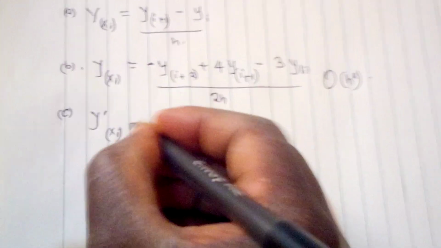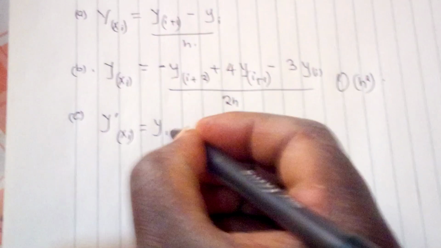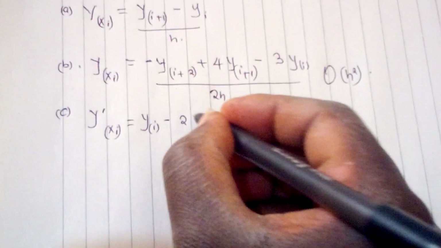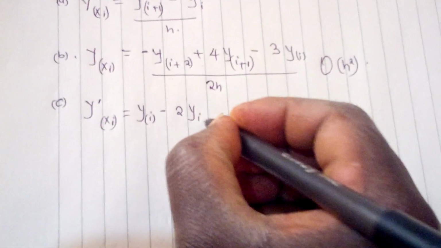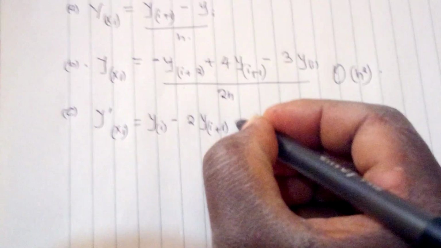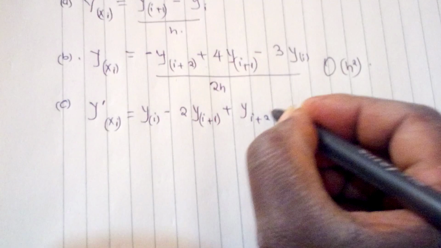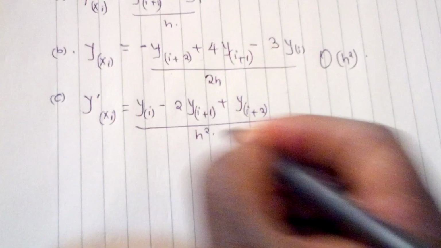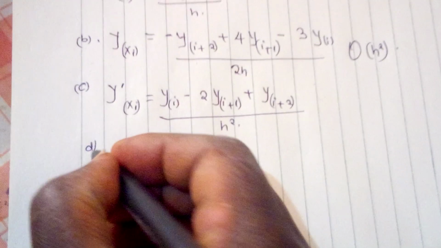Then you have C, which is y double prime xi is equals to y i minus 2 y i plus 1 plus y i plus 2 divided by h squared. Then we have the last one in forward difference.